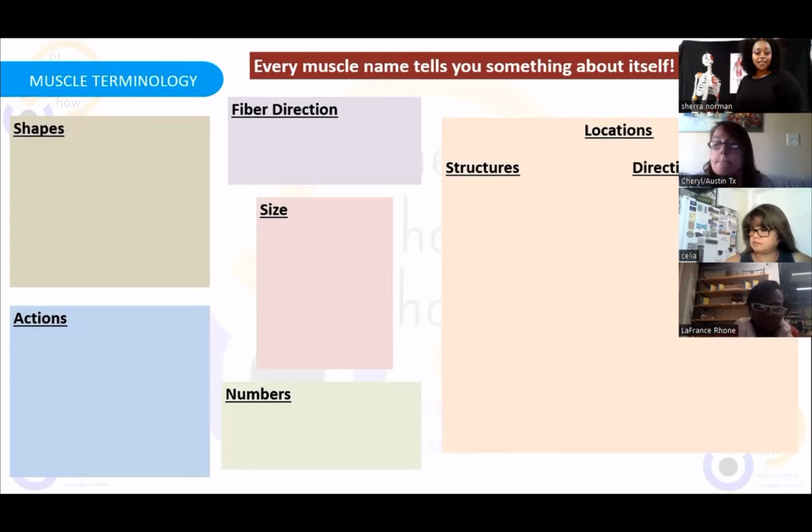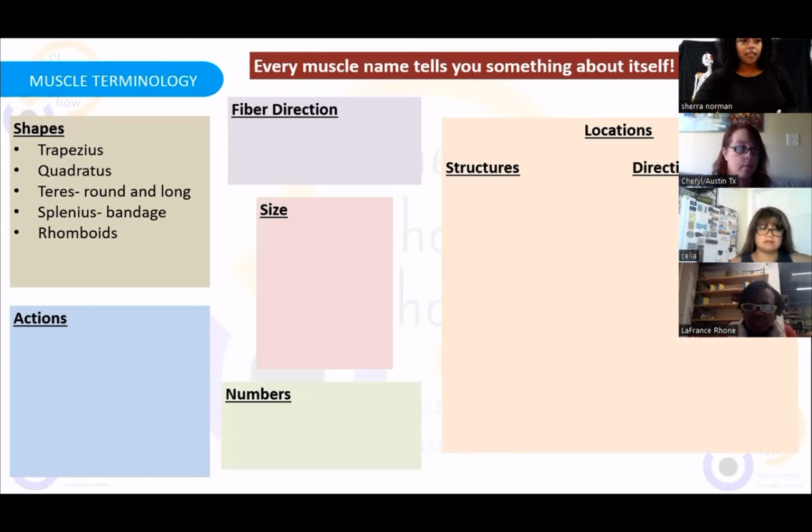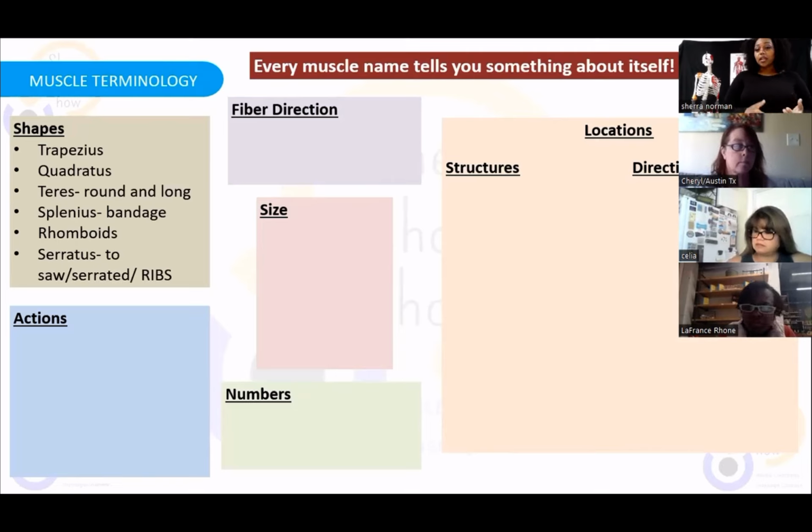One of the first things is muscle terminology. The names of the muscles tell you something. A lot of muscles tell you exactly what they do, where they are, what they attach to, and whatnot. So recognize that muscles can tell you about their shapes. Trapezius looks something like a trapezoid. Quadratus has 4 sides. We have 4 quadratus muscles in the body. They look roughly rectangular, kind of square.